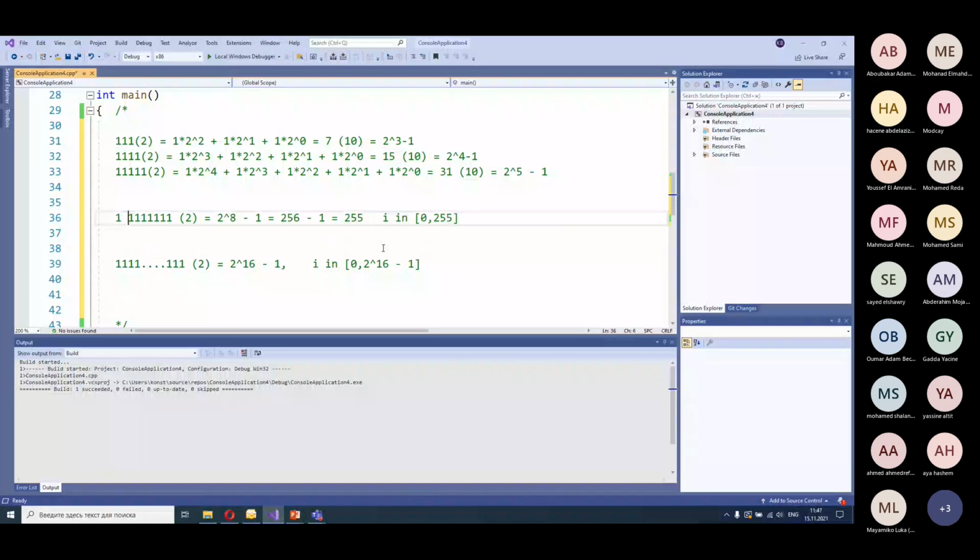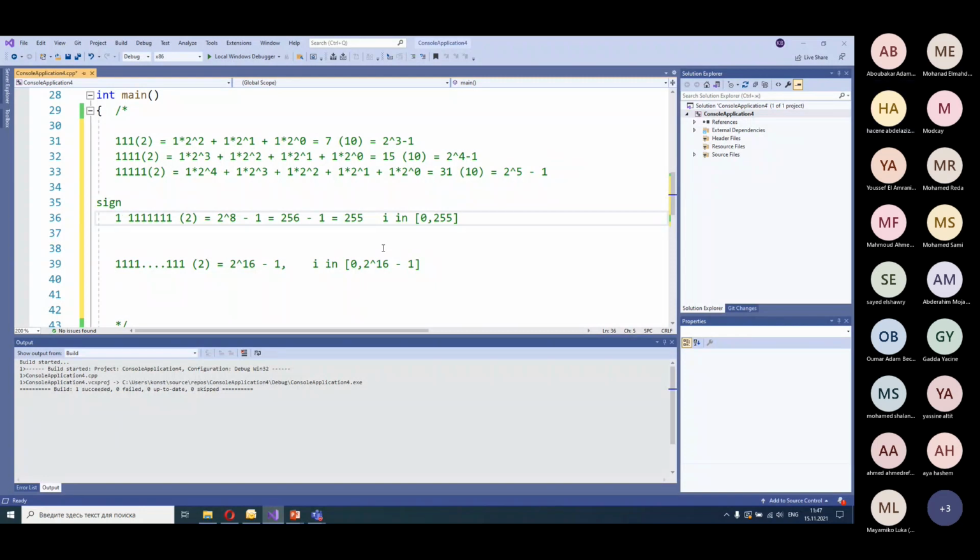Okay. If we consider eight cells in 1 byte, the first cell in this case will be considered as sign. For example, if sign is 0, the number is considered as positive. If sign is 1, the number is considered as negative.